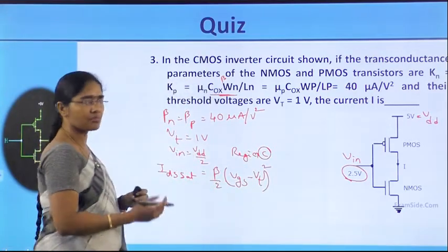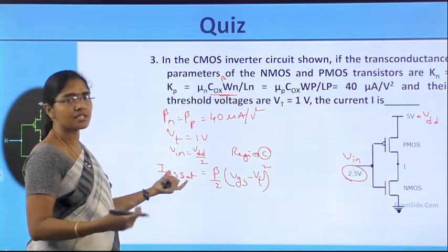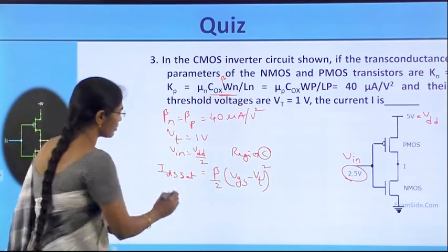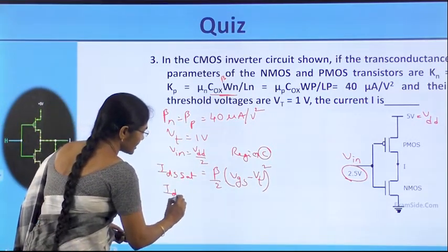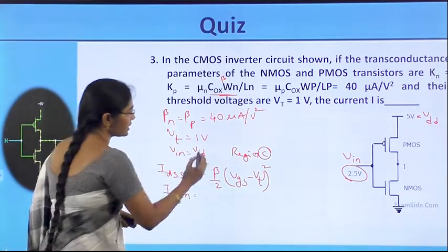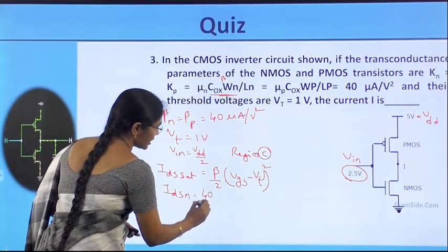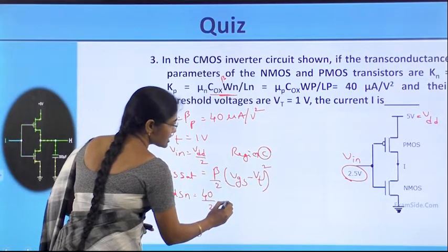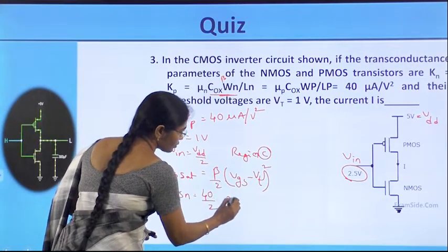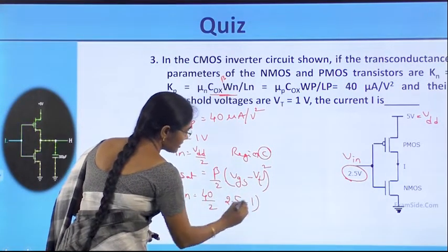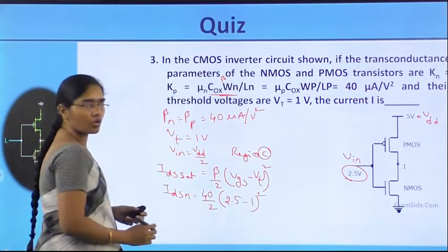So if we find IDSN for the NMOS, it is equal to IDSP only. So therefore, find the IDSN. That is beta, which is given as 40, by 2 into (VGS is Vin, 2.5, minus Vt, given as 1) whole square.